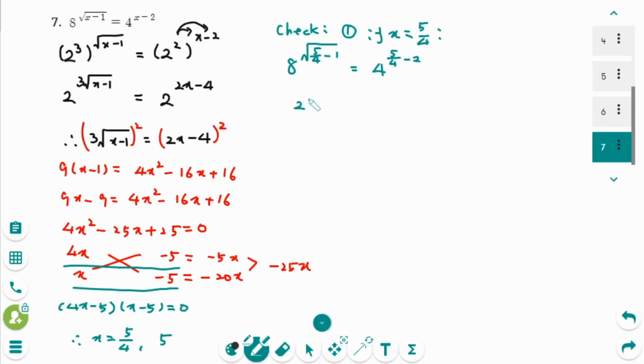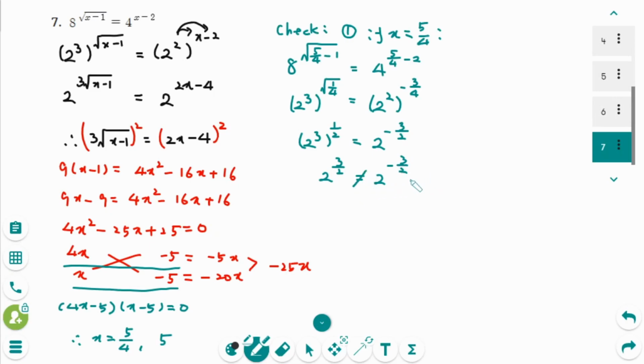Then 2 to the power of 3 to the power of square root of 1 over 4 equals 2 to the power of 2 to the power of minus 3 over 4. Then 2 to the power of 3 to the power of 1 over 2 equals 2 to the power of minus 3 over 2. Then 2 to the power of 3 over 2 is not equal to 2 to the power of minus 3 over 2. Therefore, x equals 5 over 4 is an extraneous root.